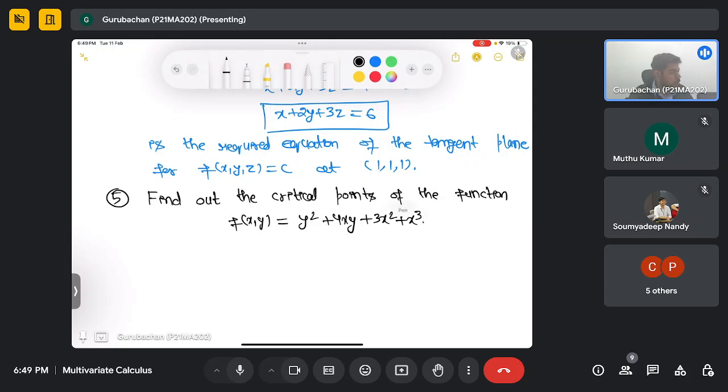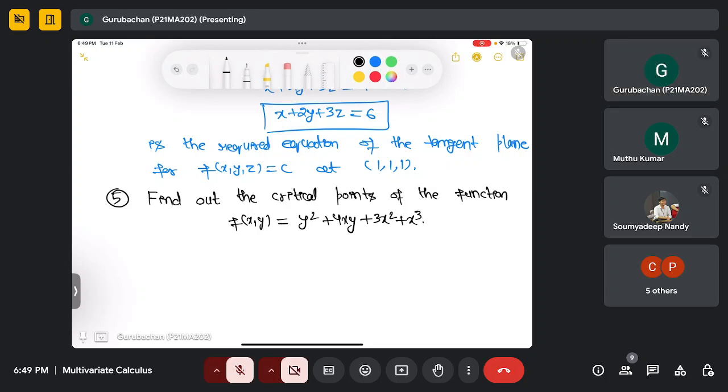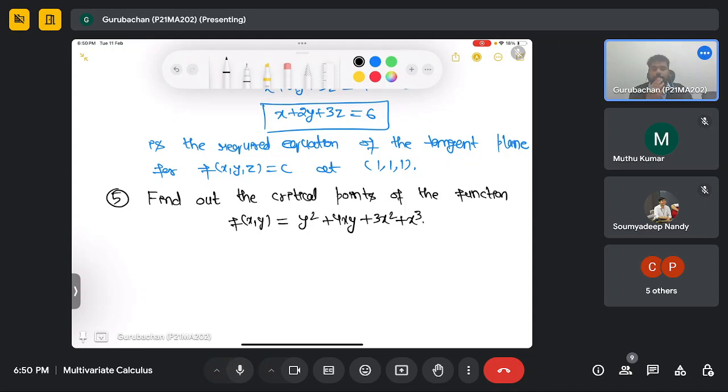Find out the critical points for this function. Please try this.